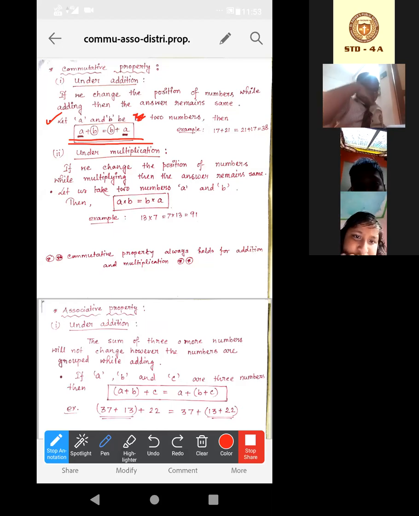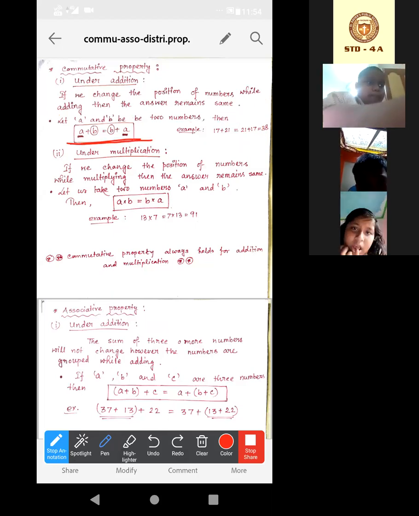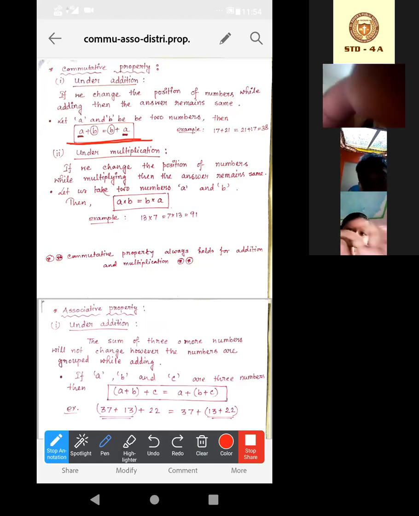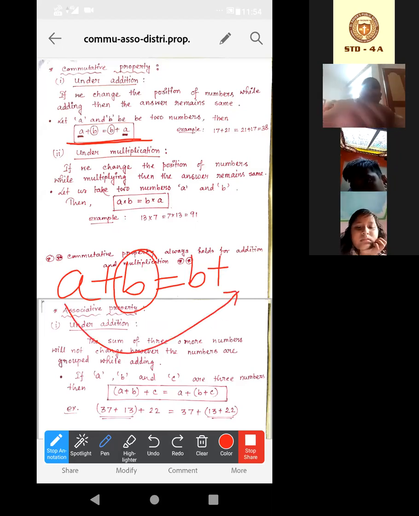Okay. If you are unable to see the screen, you can zoom in or out accordingly. And I have also given one example, 17 and 21. A plus B is equal to B plus A, because A plus B is equal to, we take the last one at first, B, plus the first one at last, A. Ultimately, both are the same.